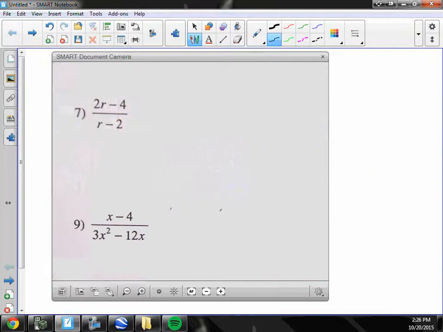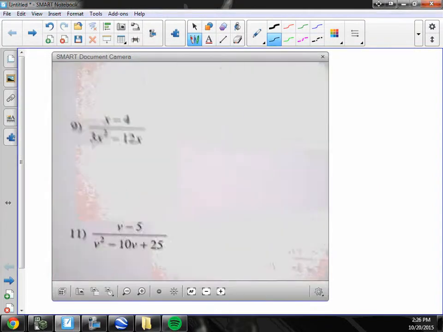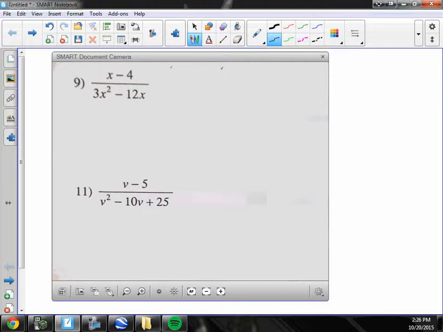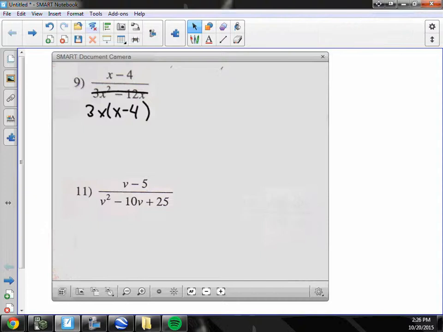So look at number 9. On bottom, we ended up with 3x times x minus 4. Did anything cancel? The x minus 4's cancel. So, is there a hole?